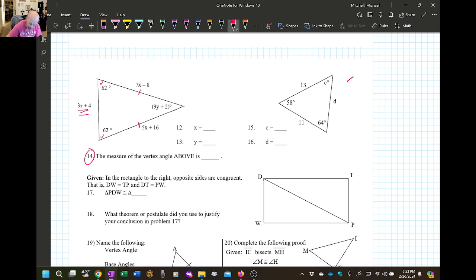Okay, same sort of thing over here. Before you can find D, you got to find C. So you find C, and that's going to be, I'll give you a hint, 58 or 64. But just like you said, what do these three angles have to add up to in a triangle? 180. So take advantage of that.